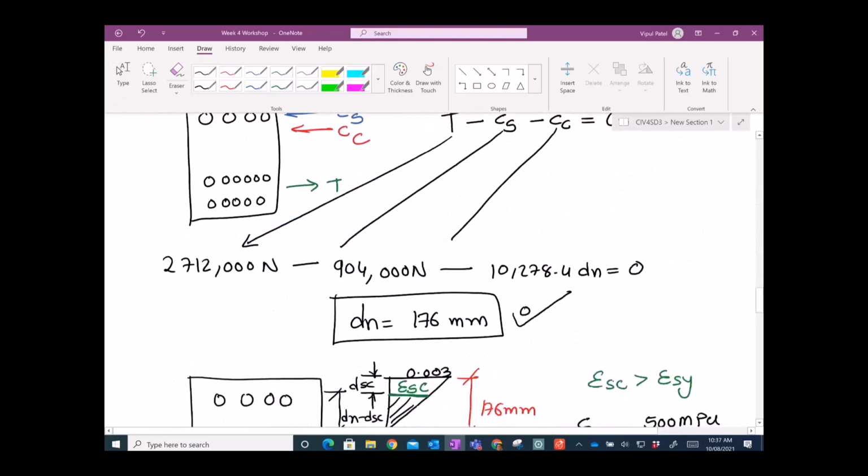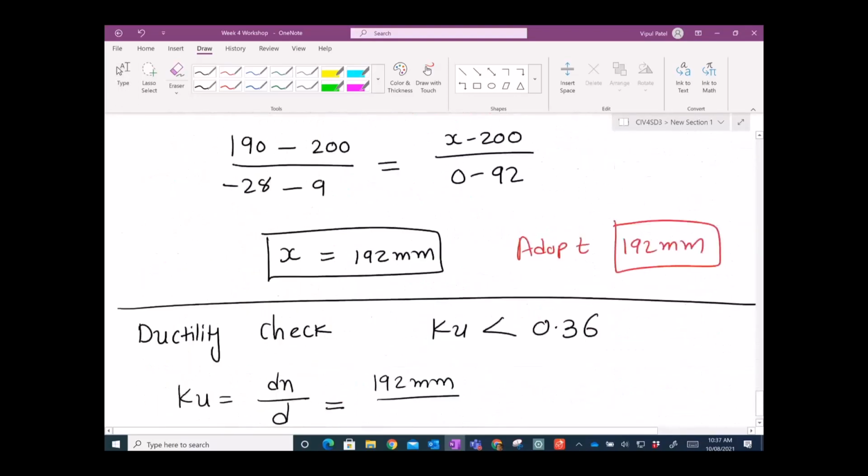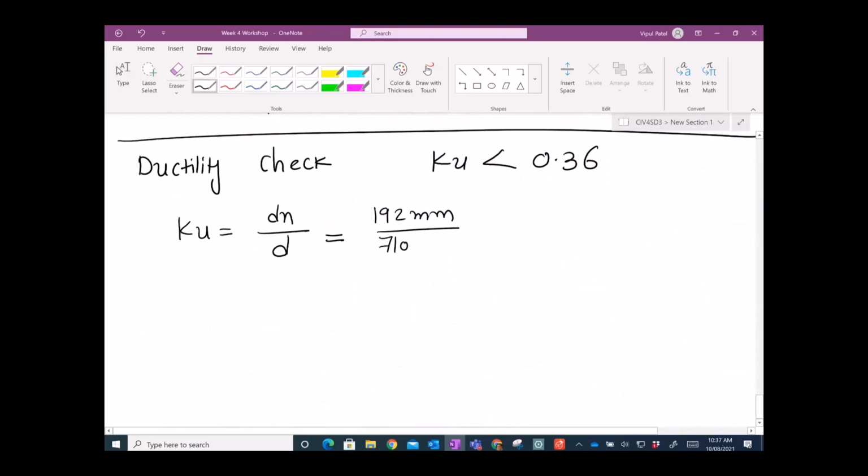Yep, 710 millimeters. So 192 divided by 710, you get 0.27. So less than 0.36, therefore it's okay.